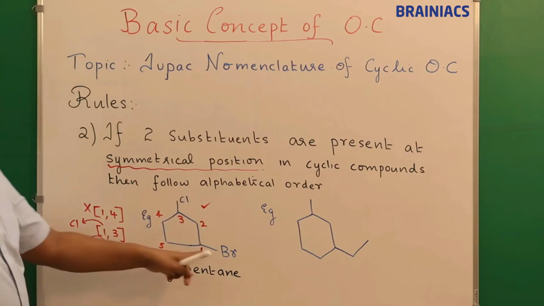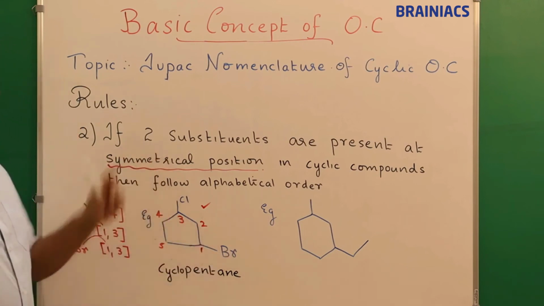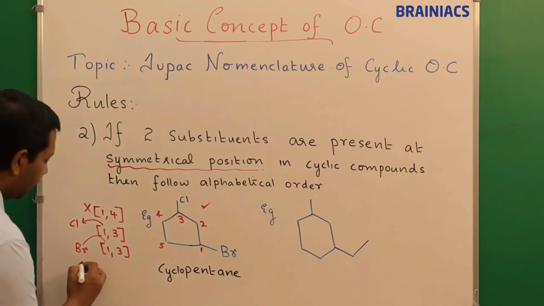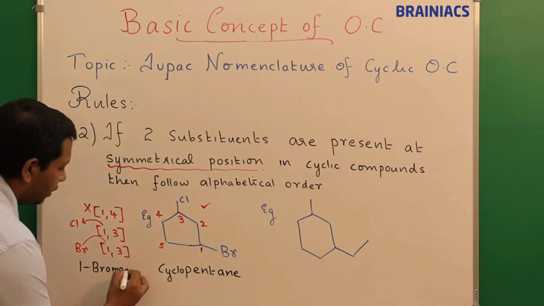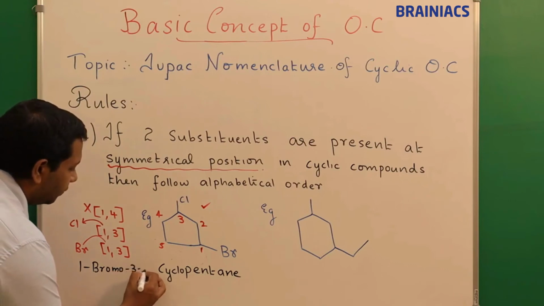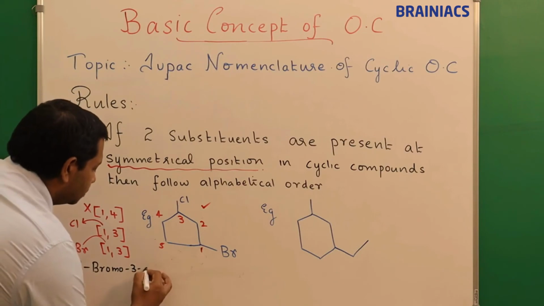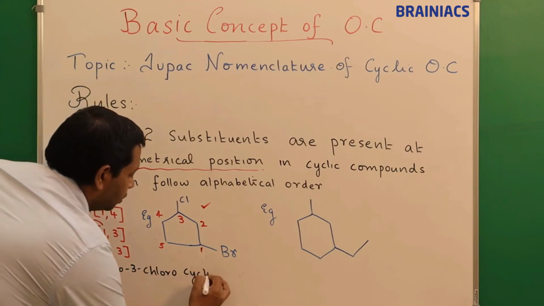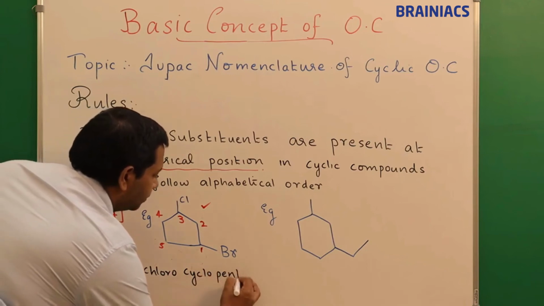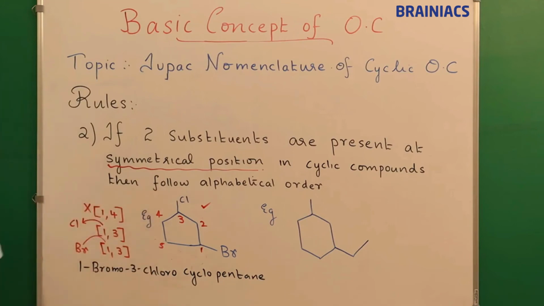So at first position bromo, so I can say 1-bromo, then 3-chloro, correct? So I can write 1-bromo-3-chlorocyclopentane. This should be the IUPAC name of this compound.